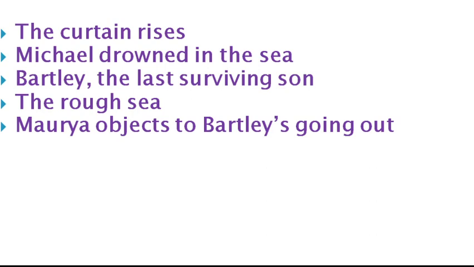Maurya leaves using a stick that Michael brought, lamenting over how in her family the old ones never leave anything behind for their heirs, despite that being the general custom.